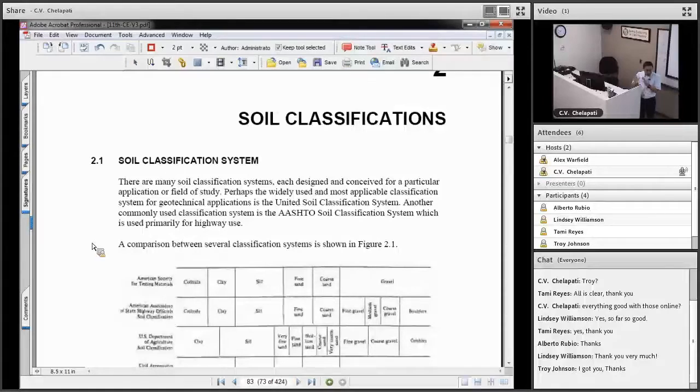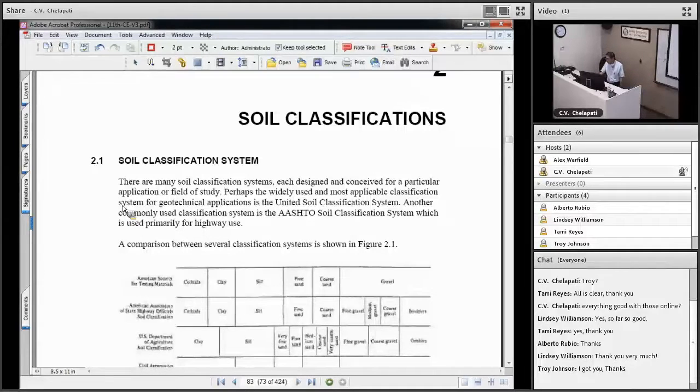You just need to know that there's rock, and that's the stuff that's much stronger than the soil. But soil, from the perspective of the exam, will talk about the different types of soils, but basically it treats soil in two basic types, sand and clay. There's silt in the middle, and then we got gravels and cobbles on the coarser side. But in terms of soil behavior, it's going to be basically more sand-like or clay-like.